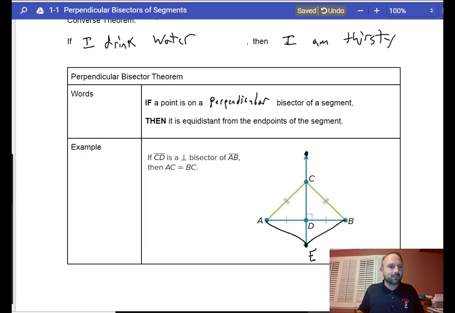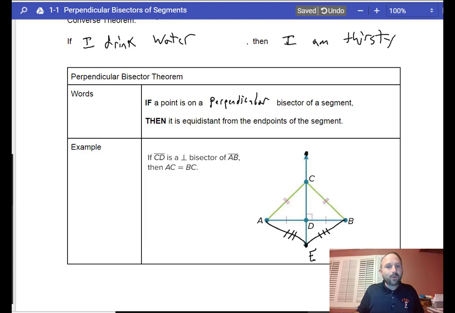Now, hypothetically, we should have used a ruler on that, but if we did A to E and B to E, then those would be equidistant, also known as equal in measure. So if CD is perpendicular, it is a bisector of AB, meaning it cuts it in half.